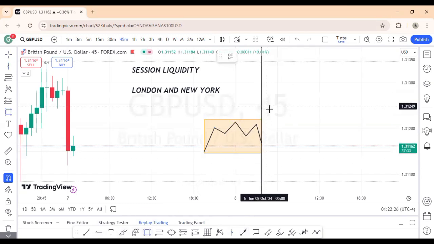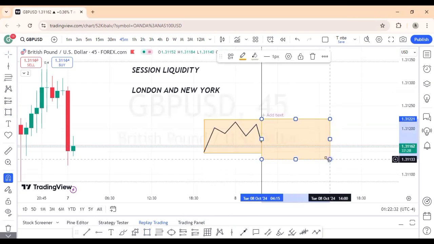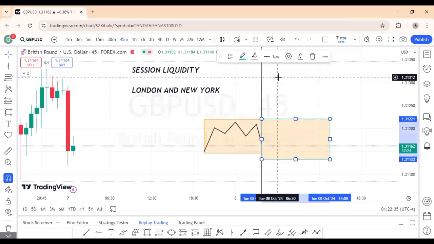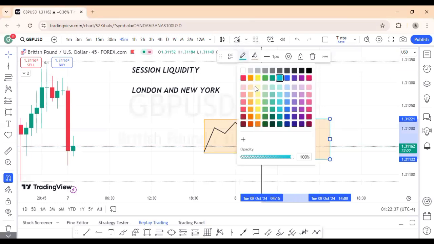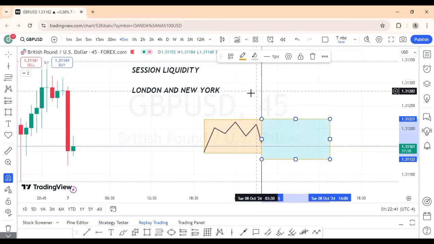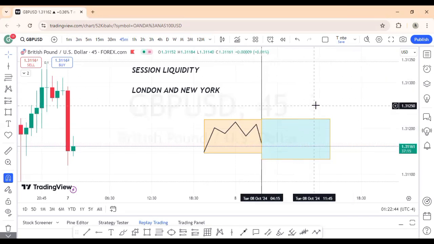So this is London, and I may make London a different color. Maybe I'll make it blue. So now we're inside the London session, right?